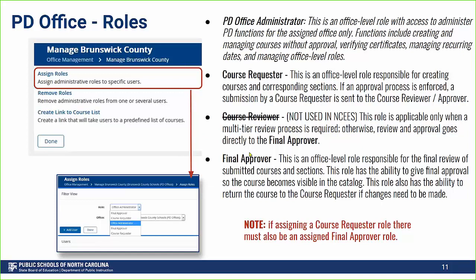That's fine. Or maybe you just want a separate person to be a final approver if you're using course requesters. So just remember, the course requester creates courses and submits them for approval. The final approver either denies them or approves them. If they deny them, it goes back with a message. The requester fixes whatever needs fixing and resubmits it for approval.